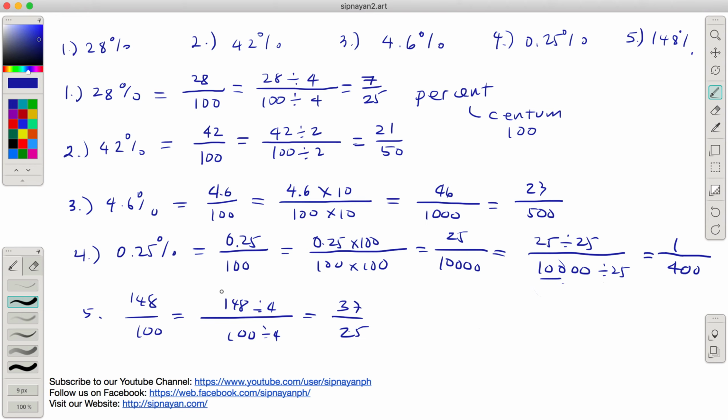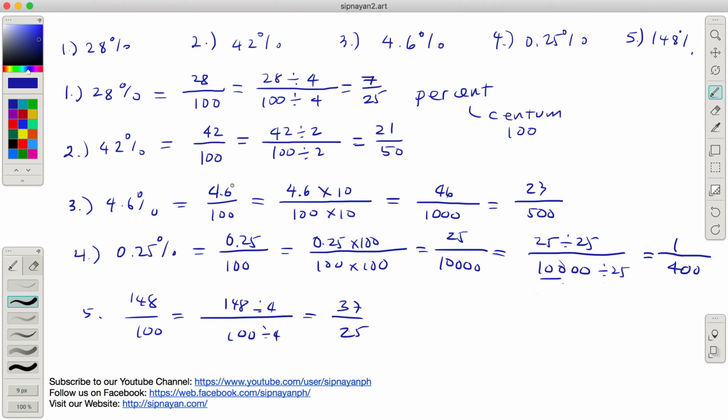So kung napapansin nyo, mag-generalize tayo. Lahat ng percent, pwede mo siyang lagyan ng denominator na 100 because percent really means per 100. Tapos, syempre, pag pwede na siya i-lowest terms ay kailangan i-lowest terms, kasi sa lahat ng exams at quizzes ninyo sa high school tsaka sa elementary at sa college of course, naka-lowest terms lahat ng fractions dapat.